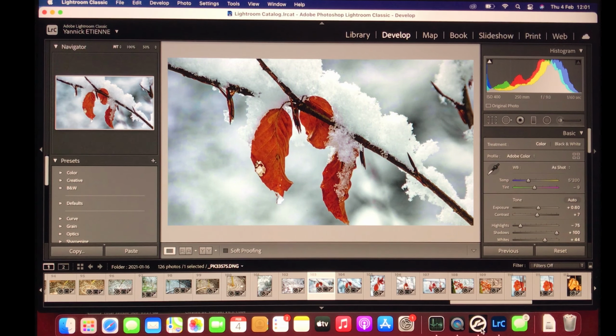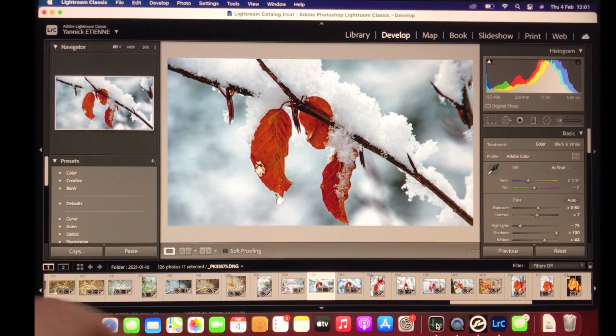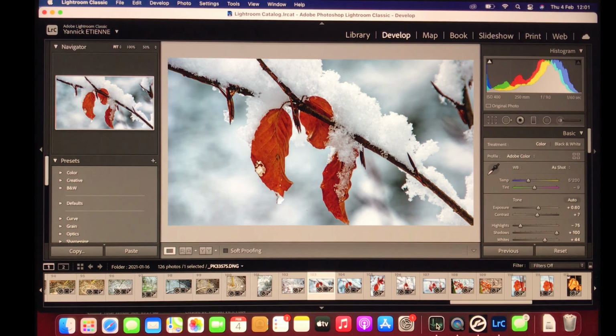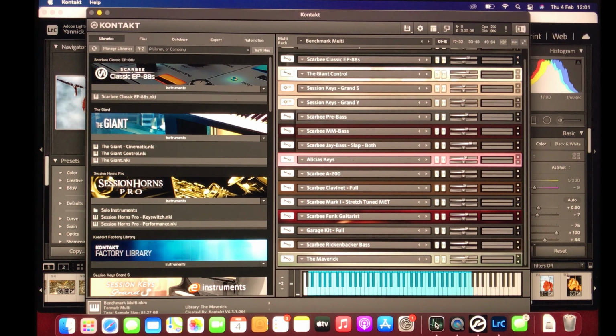If I switch from one task to the other, we see that it's hardly reacting. If I go with Alt-Tab, I have no reaction at all. So the system seems to be completely stalled, and even so you see the switch to Kontakt happens only now. So we have extreme lag.